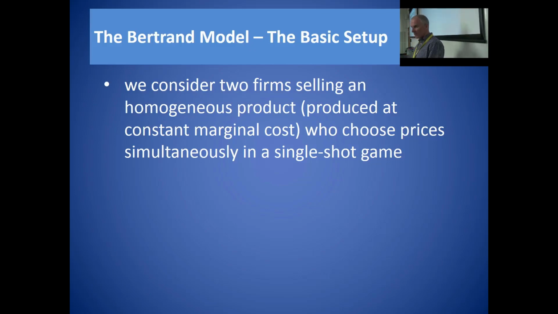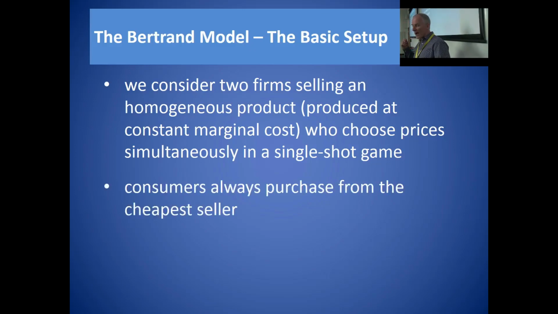It's the only thing they compete on. And that's the one aspect that firms have absolute control over. And what about when they produce this output? They're producing for a certain price. The customers will always buy, naturally, from the cheapest seller. So, if firms charge a price that's less than the rivals, the customers will purchase the good from that firm.